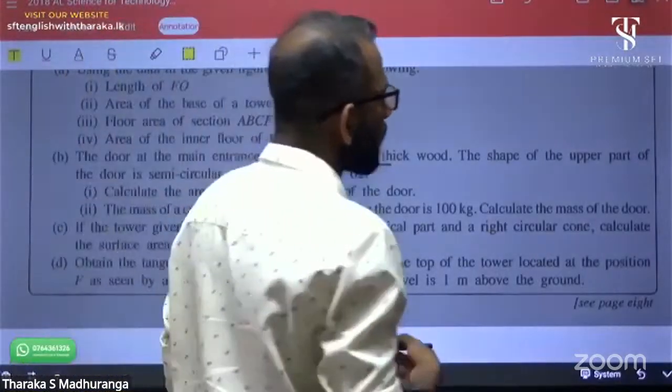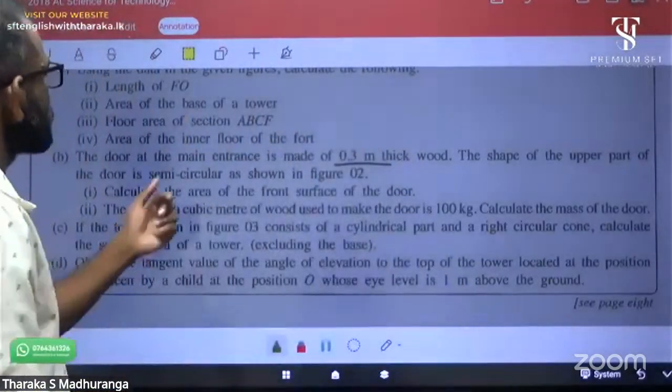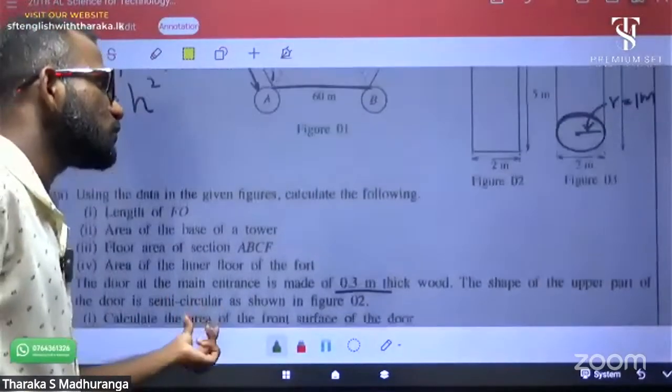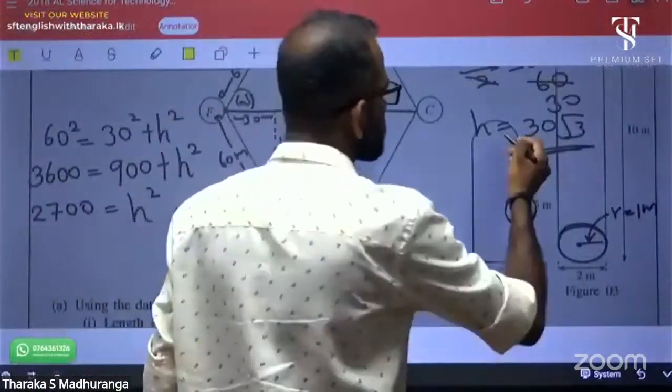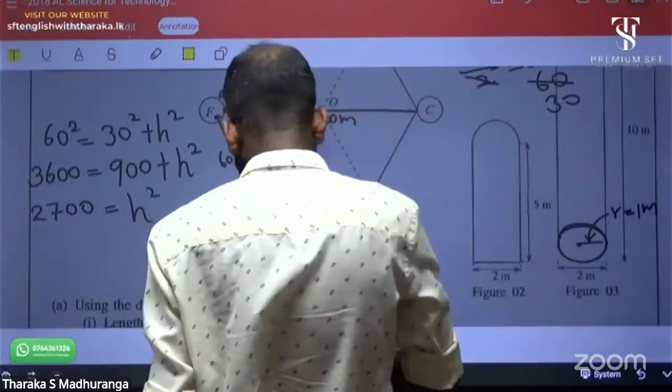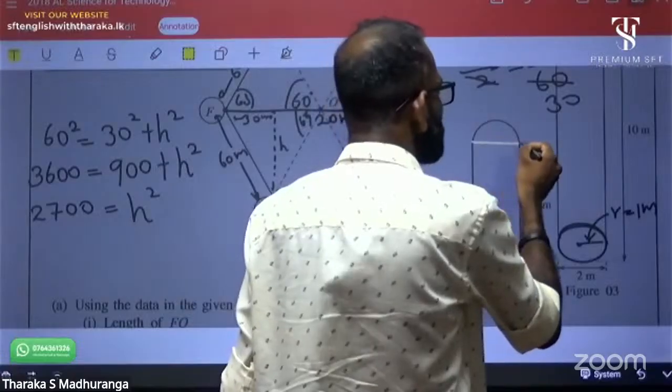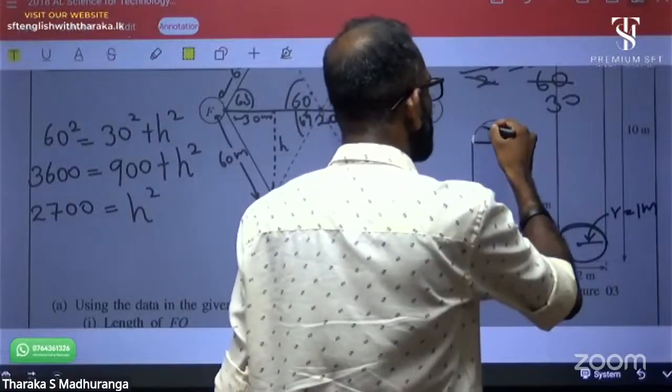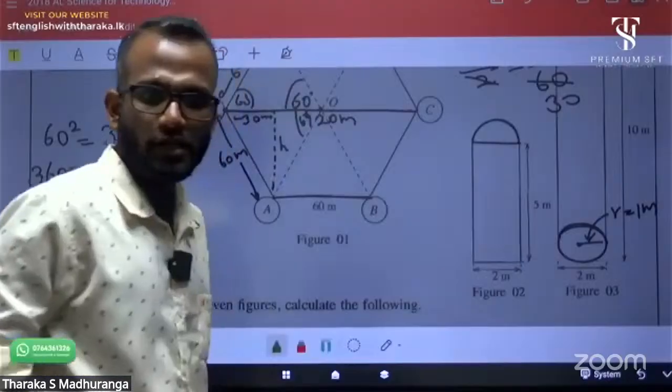The shape of the upper part of the door is semicircular as shown in figure 2. Up to this level it is a rectangle. The above part is a semicircle.